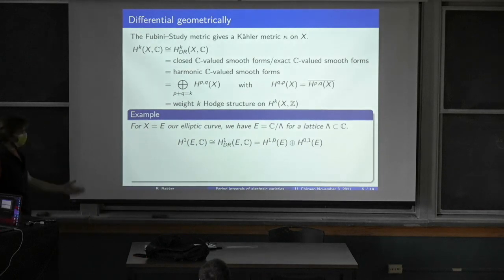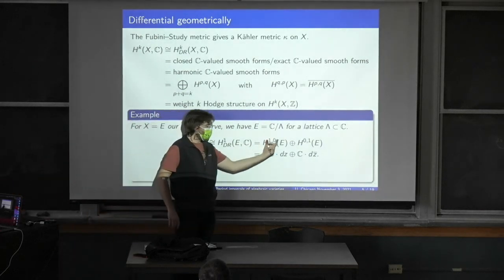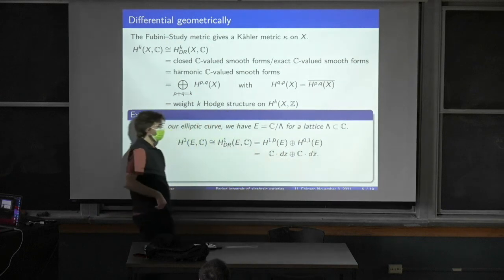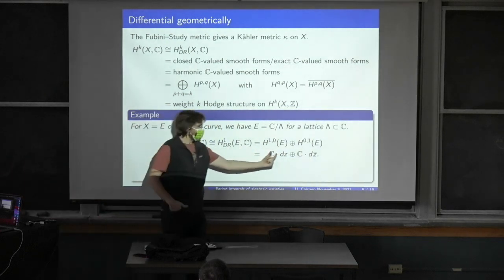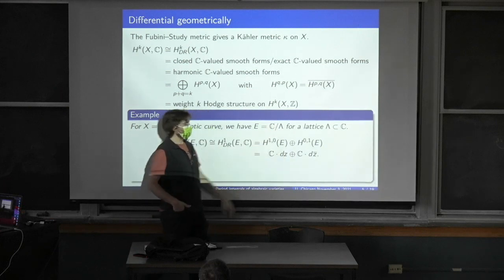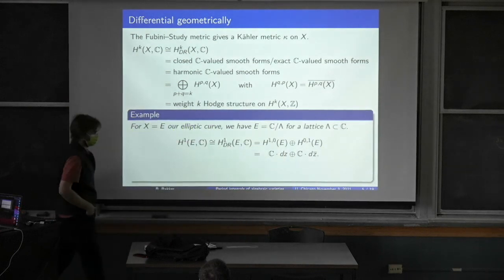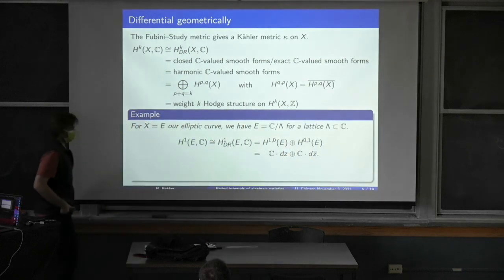And it turns out harmonic forms are just the ones that are holomorphic or anti-holomorphic, of which there is exactly one up to scalars, namely dz, where z is now the coordinate upstairs. dz is translation invariant, so it descends to the elliptic curve, giving me my unique holomorphic form, and correspondingly I have a unique anti-holomorphic form.